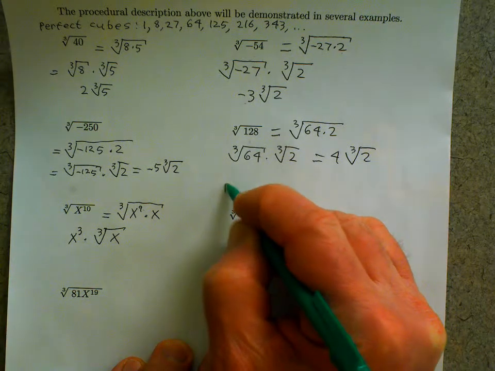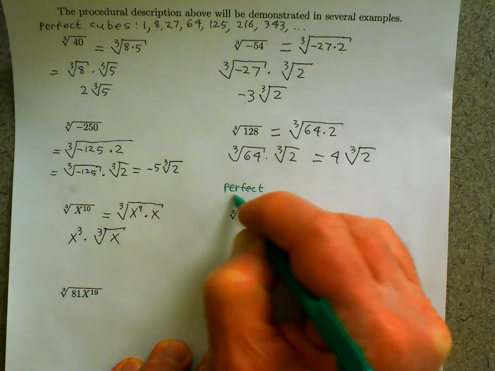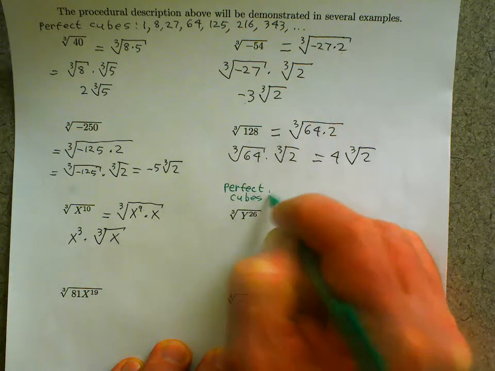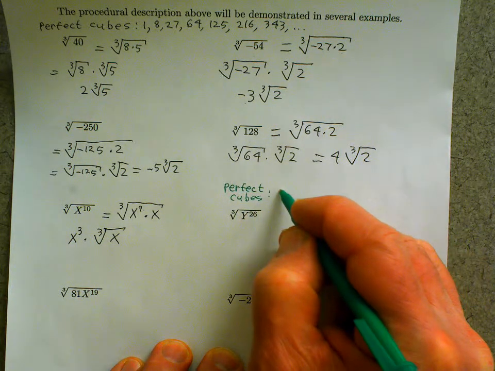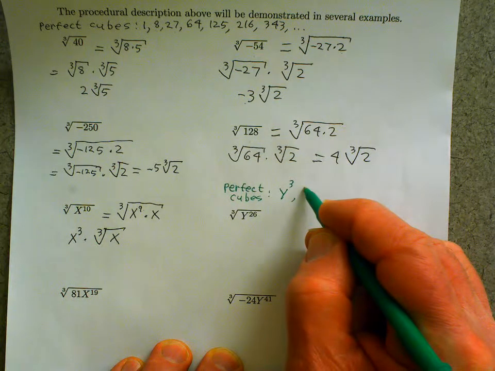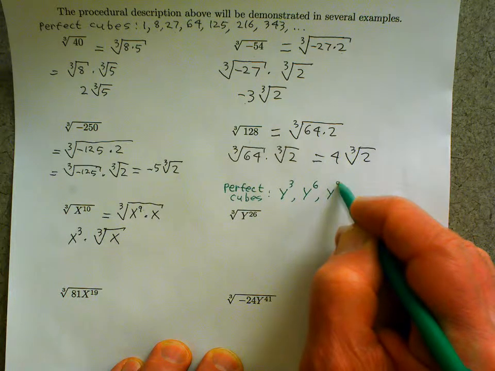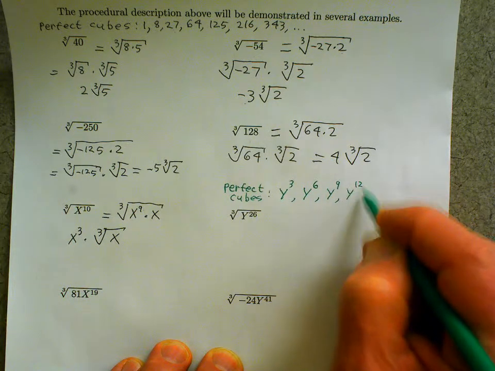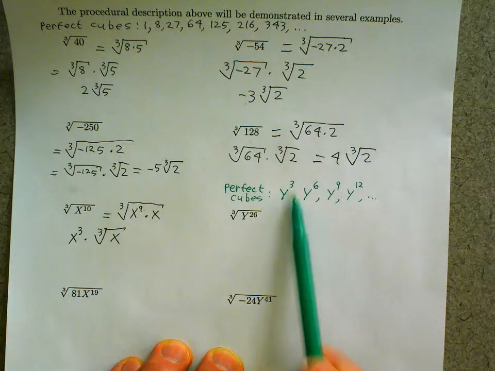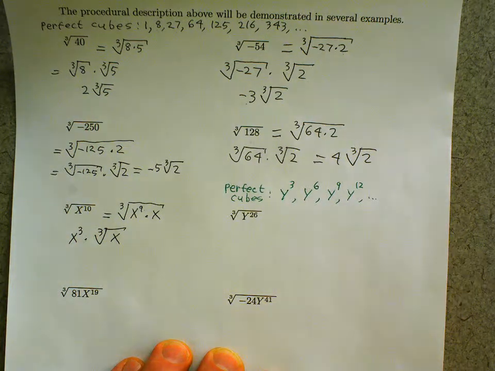If you have variables with exponents, what are the perfect cubes? I'll use the variable y. So y to the third is a perfect cube. y to the 6th is a perfect cube. y to the 9th, y to the 12th. If the exponent is a multiple of 3, it's considered a perfect cube.